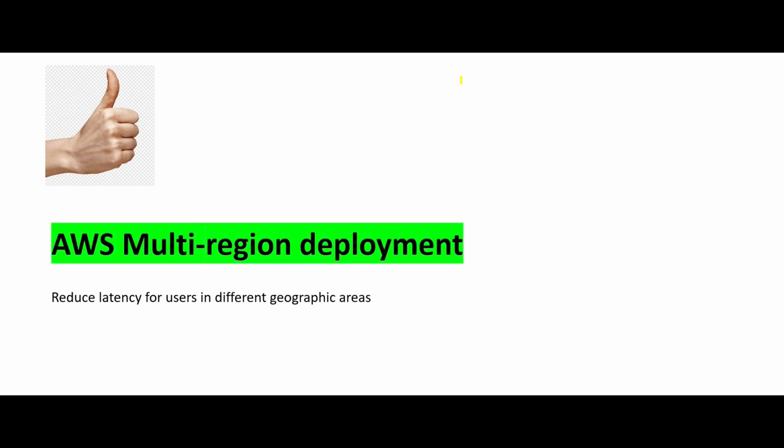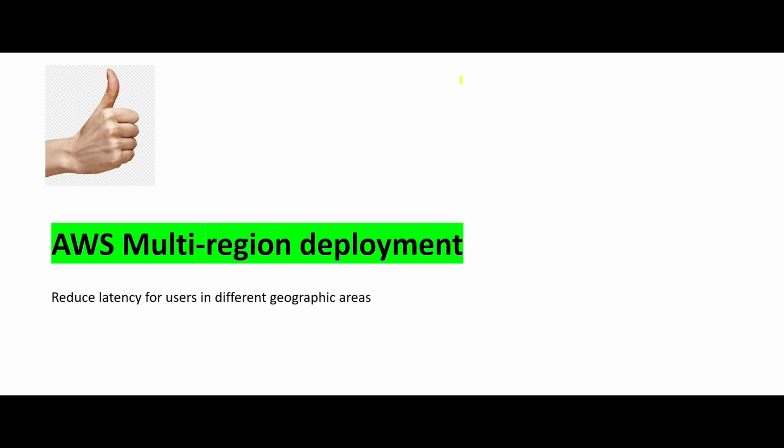Now you will get questions like, I want to reduce latency for users in different geographic areas. The moment you see different geographic areas, you say, okay, I'll give you multi-region deployment. What is multi-region deployment? See, if we are dealing with Bank of America, and Bank of America has end users in USA and India, we will roll out the system in both the regions, USA and India.